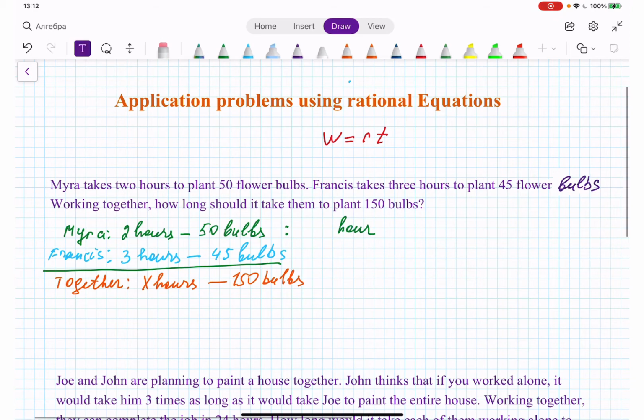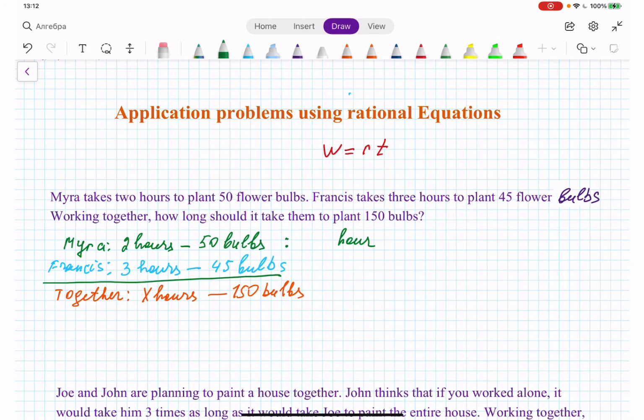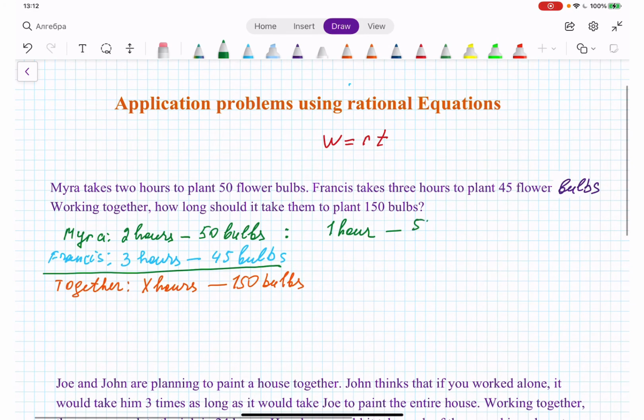It's 50 divided by 2, 25 bulbs. Now Francis, if for 3 hours he plants 45 bulbs, for 1 hour he plants 45 divided by 3, 15 bulbs.